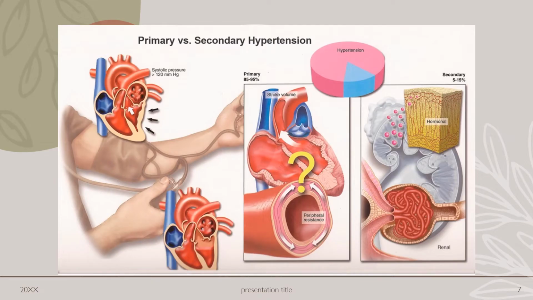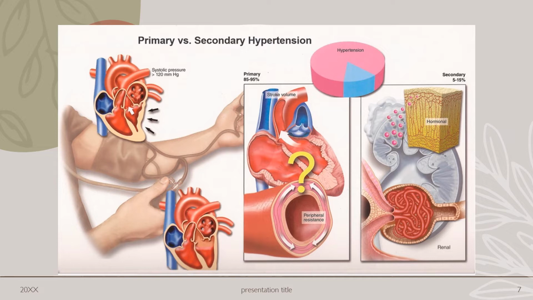So what causes hypertension? Over 90% of hypertension in the United States is essential or idiopathic hypertension, or you could say primary hypertension. It basically means it's without an identifiable cause.